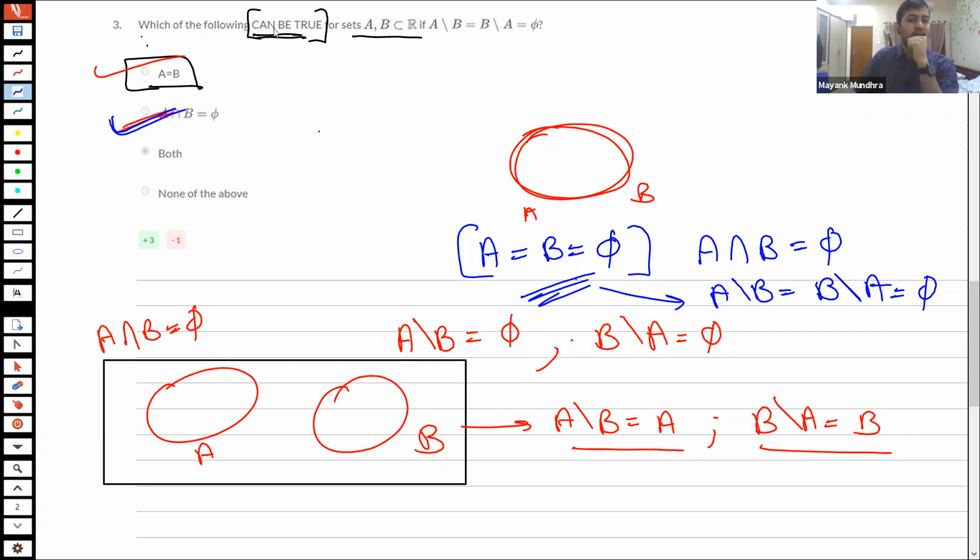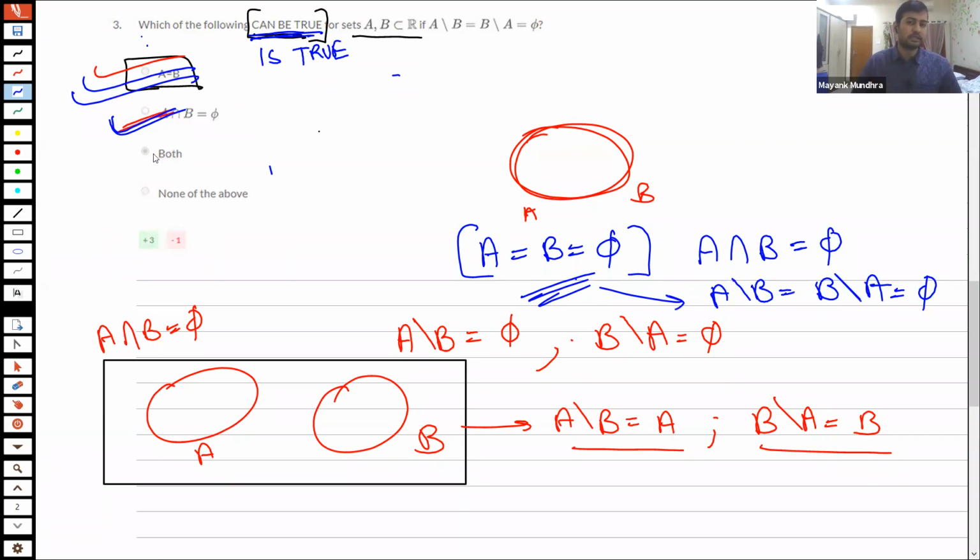So this is the can be true kind of thing. Had this question been which of the following is true, then only option A would have been correct. But because this question is can be true, option B becomes correct.